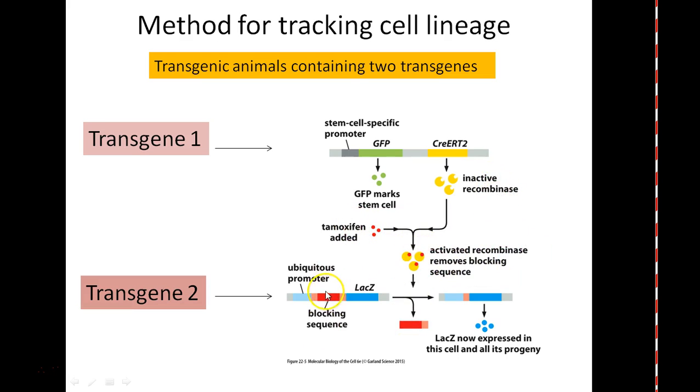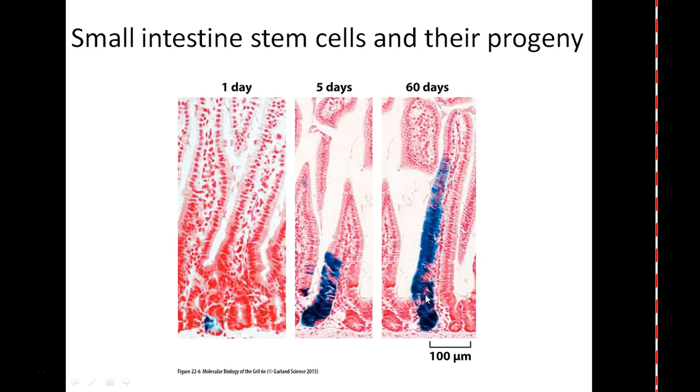Recombinase will come to this region and remove this blocking sequence, and by removing the blocking sequence, it will allow for the blue dye formation. So all of the cells derived from the stem cells will have the ability to produce this blue dye. And that's exactly what they see in the experiments they did.